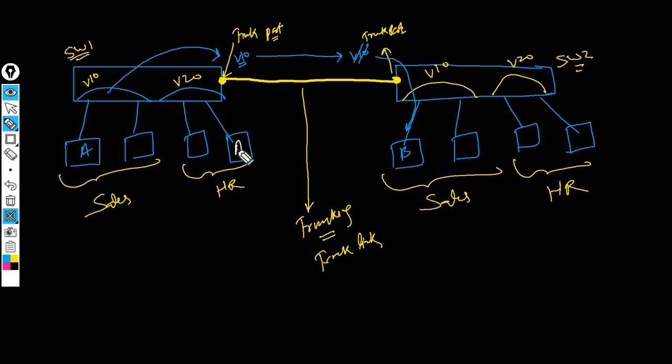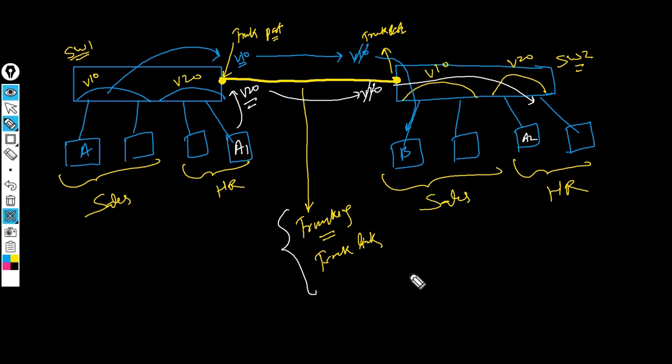Similarly, if this PC, let's say A1, tries to communicate with, let's say, A2, the traffic will go to this switch, it will say it is coming from VLAN 20, and it will send the traffic here. The other switch will check VLAN 20, remove that, and send that information to VLAN 20. So a single physical link will work like multiple ports, because virtually it will carry the VLAN 10 and VLAN 20 traffic.